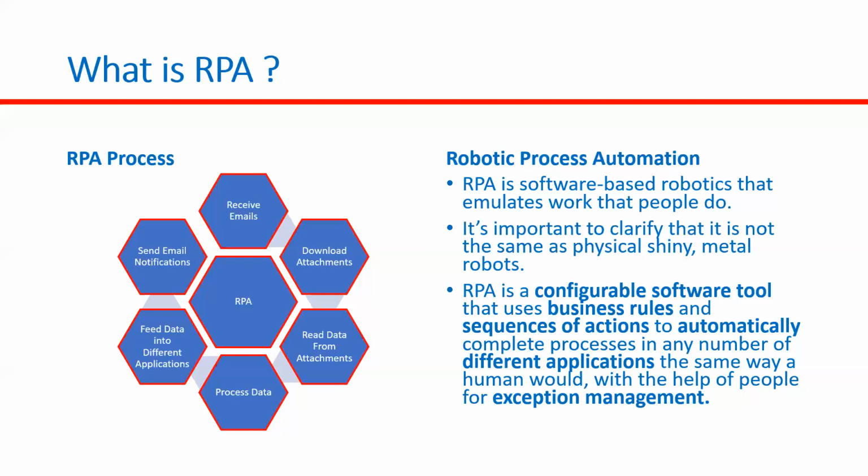So if you see in this picture, we basically receive emails from clients, and then what we can do with this RPA automation is we can read those emails, and we can download those attachments to our specific folder path, and we can keep all the attachments there.